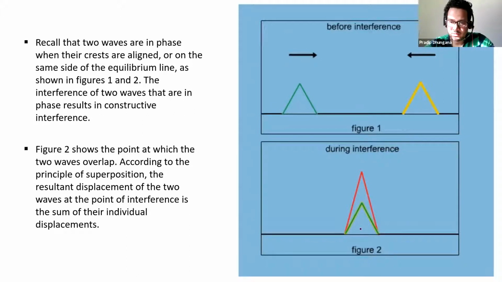When they are aligned here, interference of the two waves that are in phase results in a constructive interference. That means the displacement of both of those waves will add together, and then we'll get a new displacement. That is the new displacement when two waves interfere with each other.